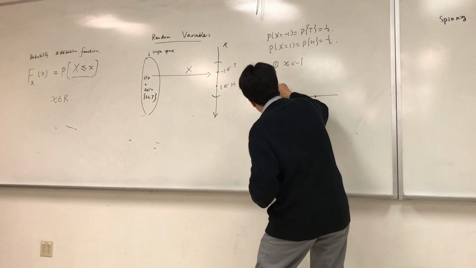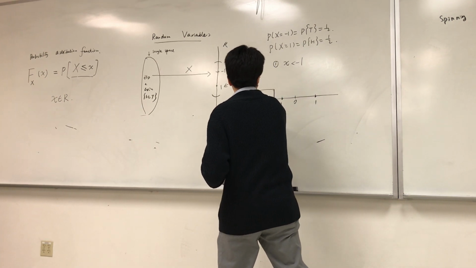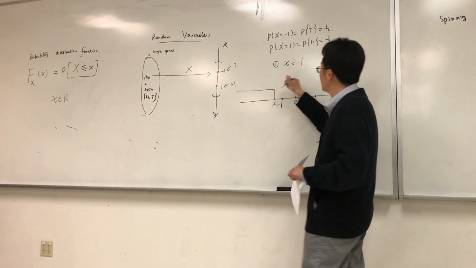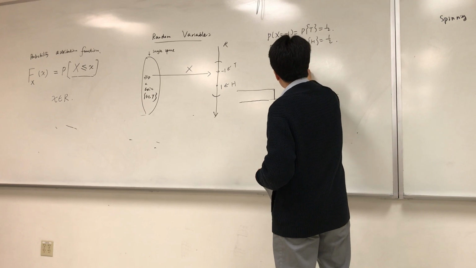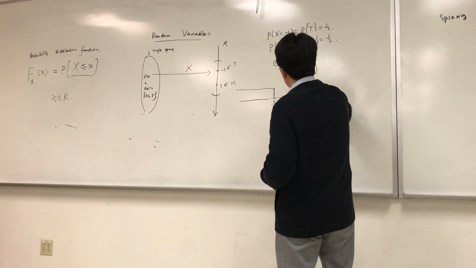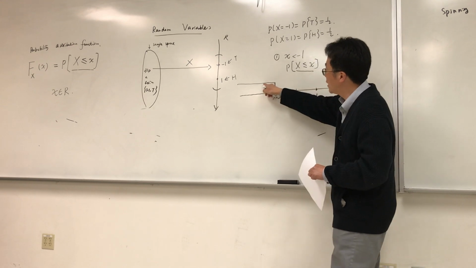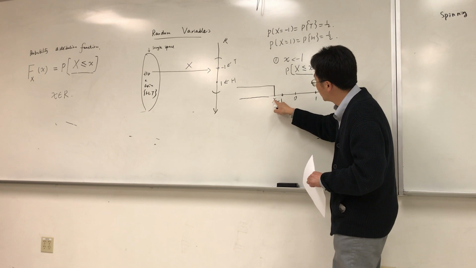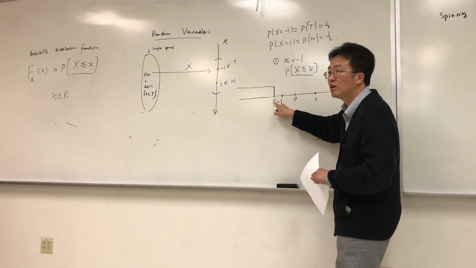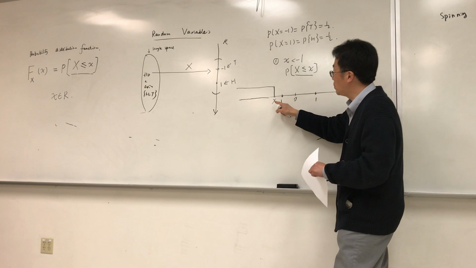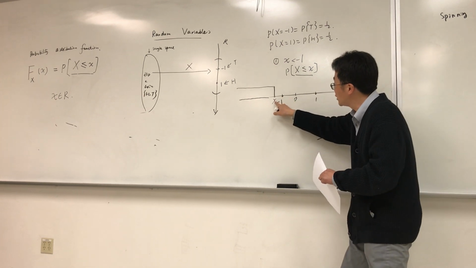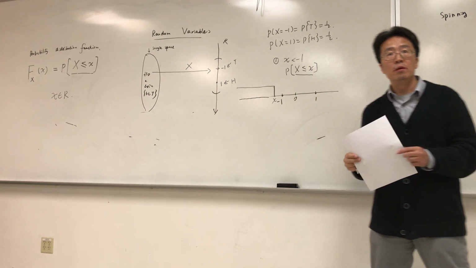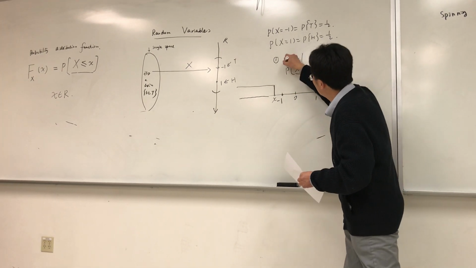So this inequality corresponds to this direction, less or equal to this specific realization. And here we put a constraint on the realization: less than -1, right?